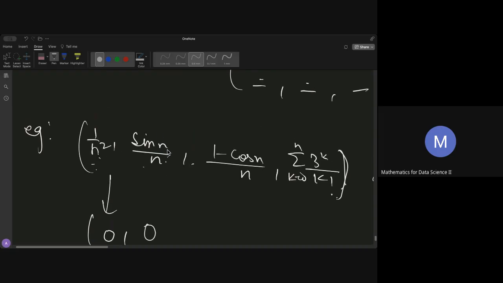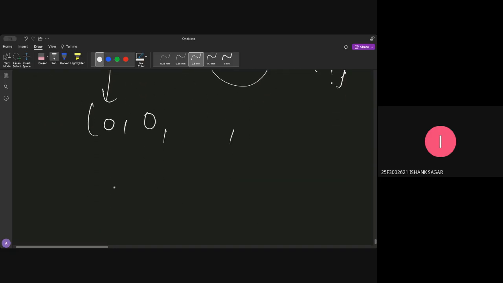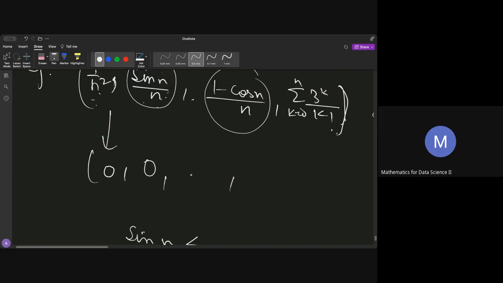So that's why I want you to respond. You can tell me the limit of these things. The limit of this one is 0. What's the limit of this one? This is also 0. And what's the limit of this one?